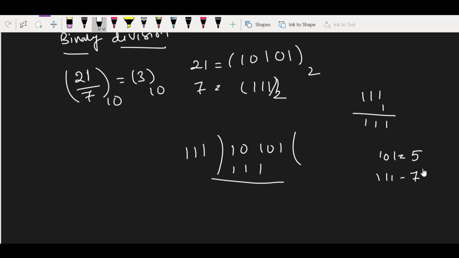So we cannot subtract 5 minus 7. What we do is we take these 4 bits. In that case, we have to shift these numbers to the left side. So instead of 3 digits, you have to take 4 digits. We'll try to do that now.